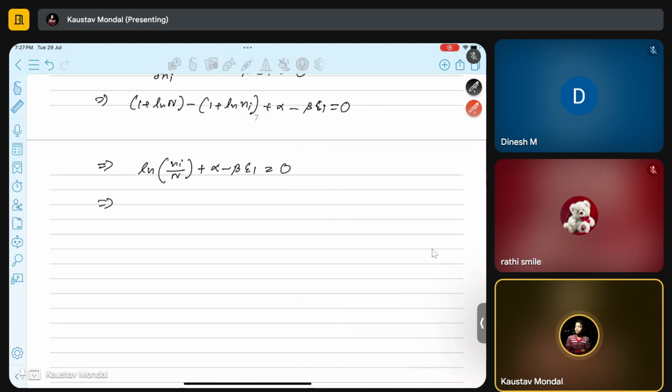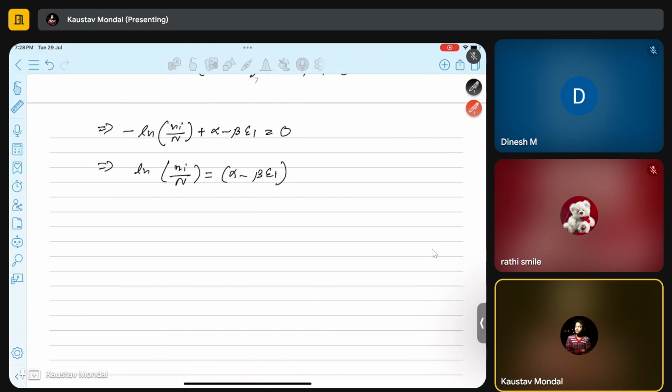Now from here, we can write ln Ni by N equal to, there's a minus sign there, alpha minus beta Ei. So this gives you Ni by N equal to e to the power alpha minus beta Ei.